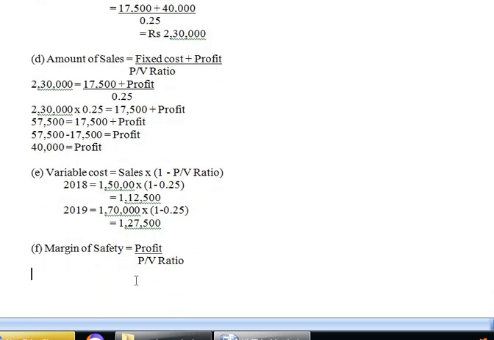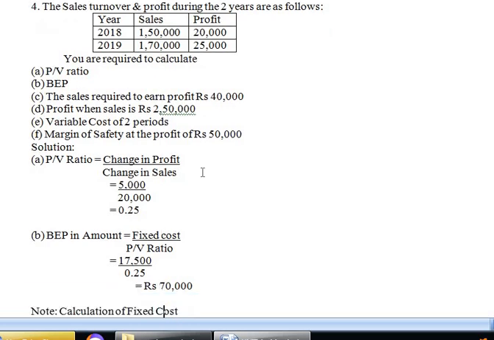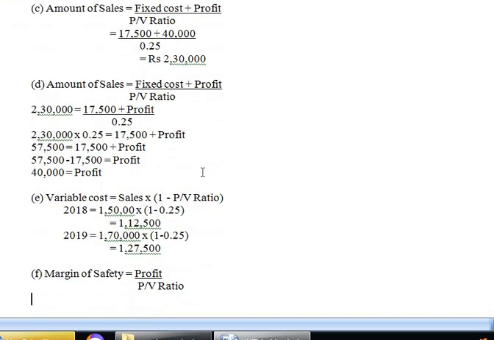Now next what they have asked us to find out. Next is margin of safety at the profit of rupees 50,000. So margin of safety formula is profit divided by PV ratio. That is equal to profit, already they have given. When profit is 50,000, how much will be margin of safety they have asked. So PV ratio is again 0.25.